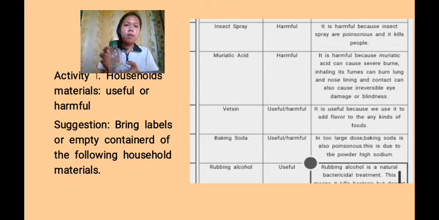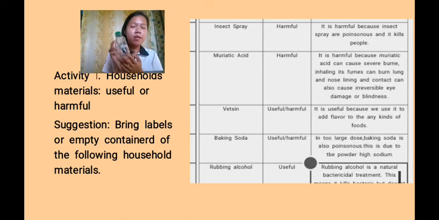Pero makadaot yun ang baking powder kung imo jud siyang sobrahan. So harmful po ni siya if ever nga magamit ka ani o imo siyang mapalabian, especially kung expired na gyud siya, di na siya pwede magamit.